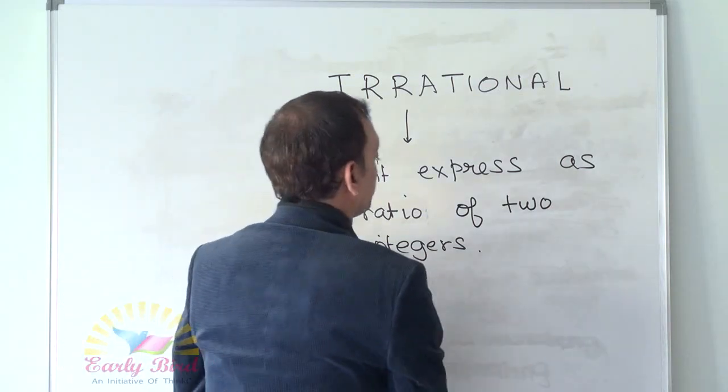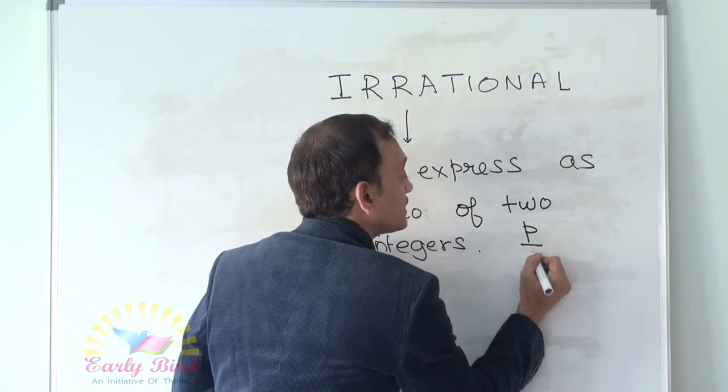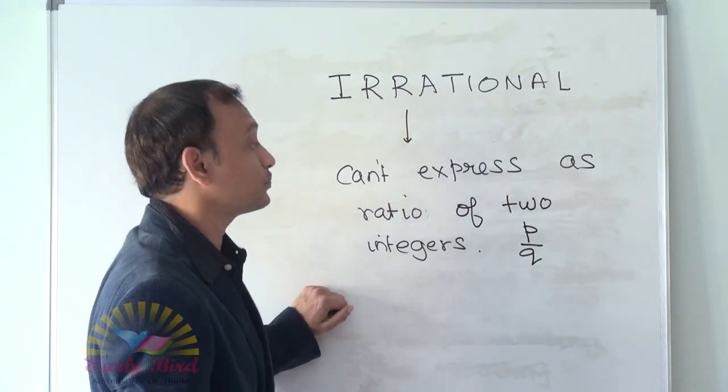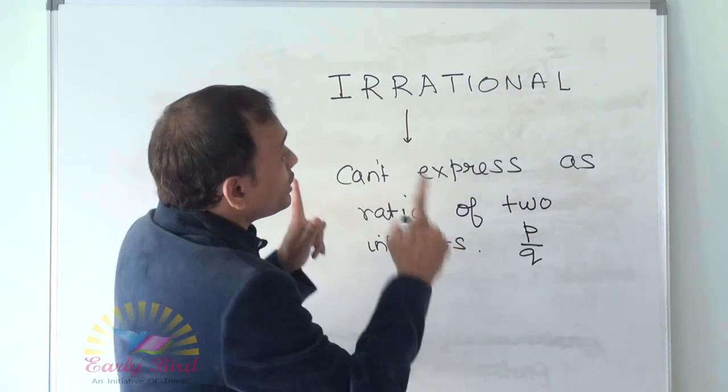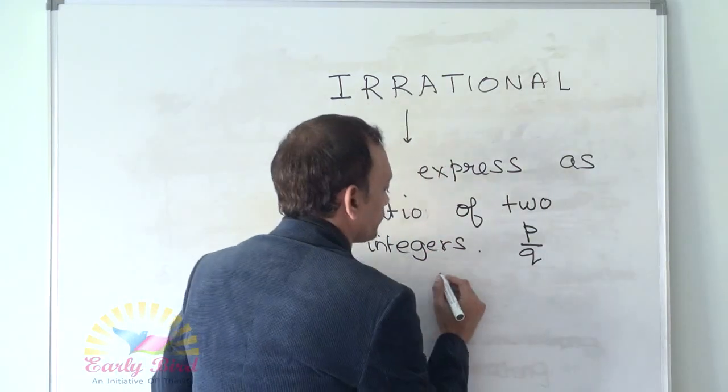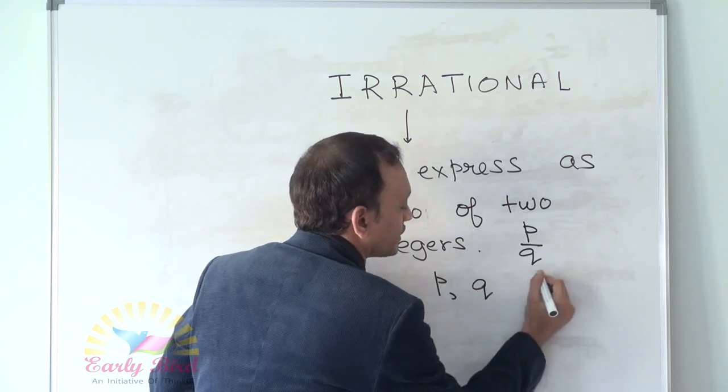That means it can't be expressed as p by q, where p and q are integers, right? And q is not 0. And therefore, an irrational number can't be expressed in the form p by q, where p and q are integers.